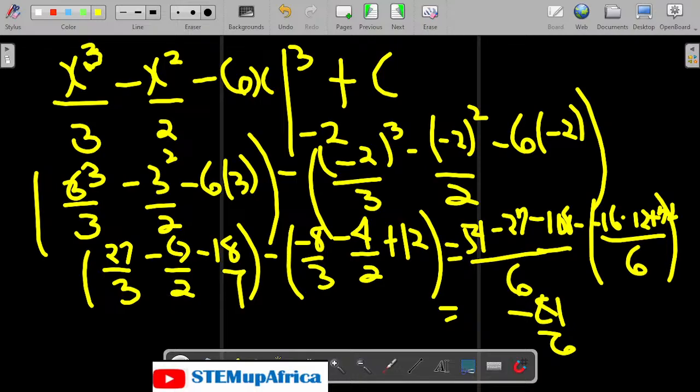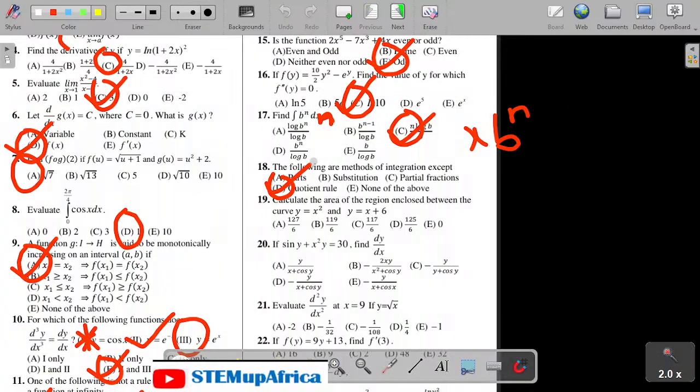The second one, minus 16 minus 12 plus 72, gives minus 76 over 6. So minus 81 minus 76 will give us minus 157 divided by 6. So our answer is 157 over 6.